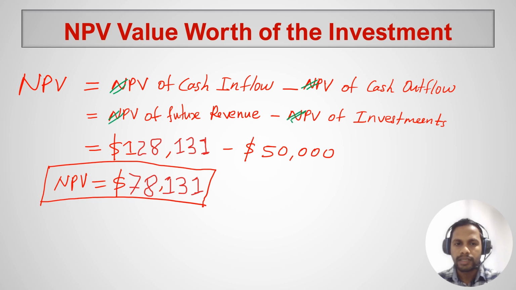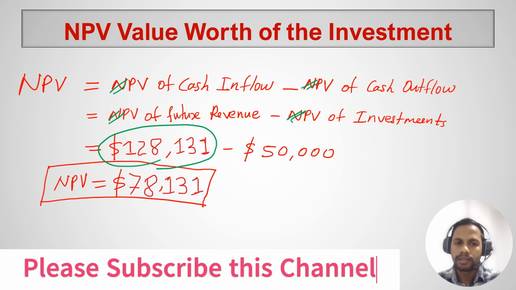In the Excel sheet, if you sum up all the revenue converted into present value, you get 128,131. It's a big money, but don't think it's too big, because we took a lot of assumptions.